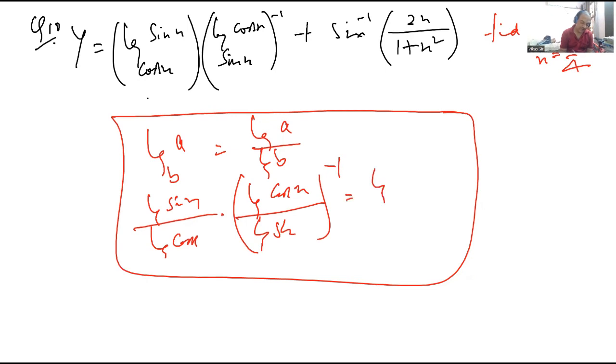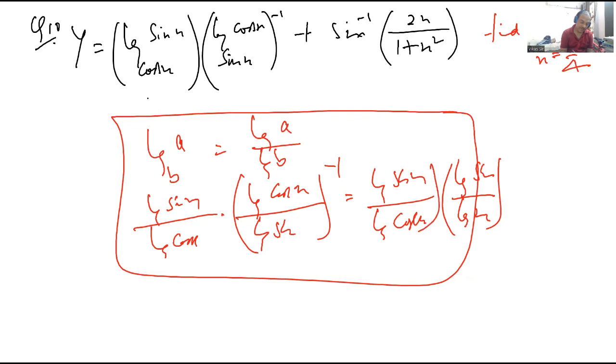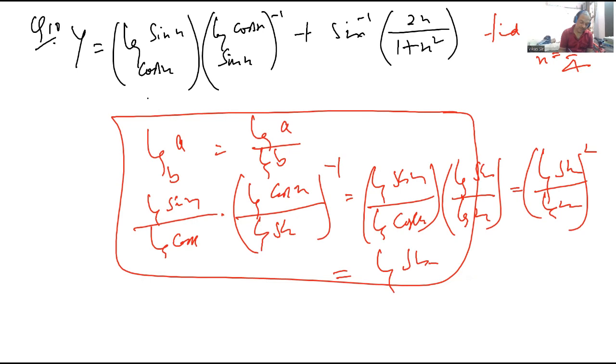This can be written as log sin x over log cos x, and here again log sin x over log cos x. That means it is log sin x over log cos x whole square, which can be written as log sin x base cos x whole square. Okay, this is a simple explanation which I want to give you.